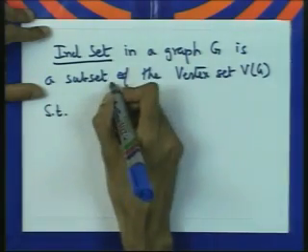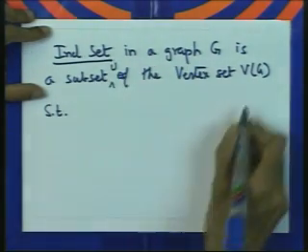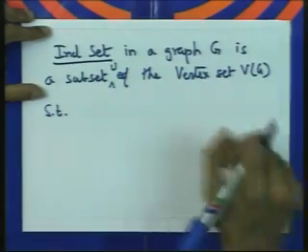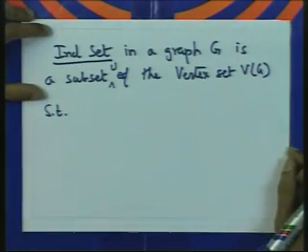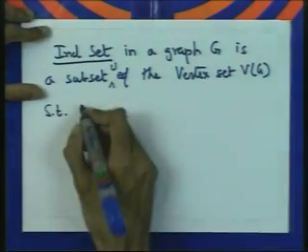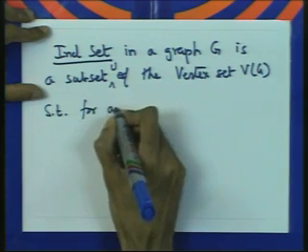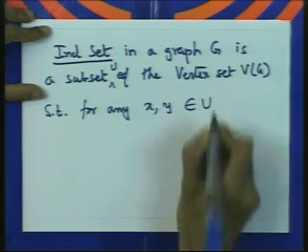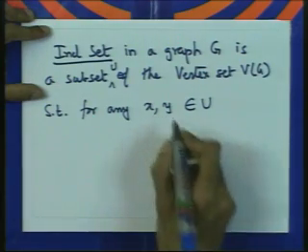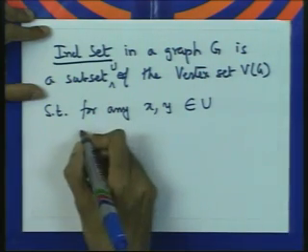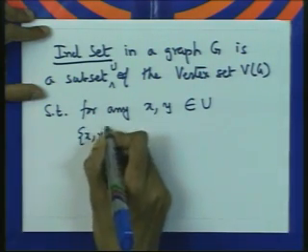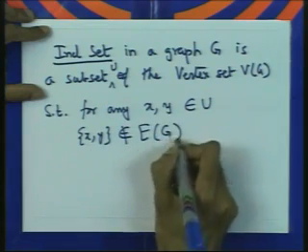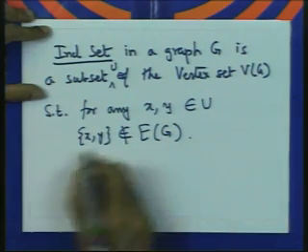It's a subset, let's say U, of the vertex set V of G, such that if I take any two vertices in U, there is no edge between them. Such that for any x, y belonging to U, x, y does not belong to the edge set of G. There is no edge between any pair.